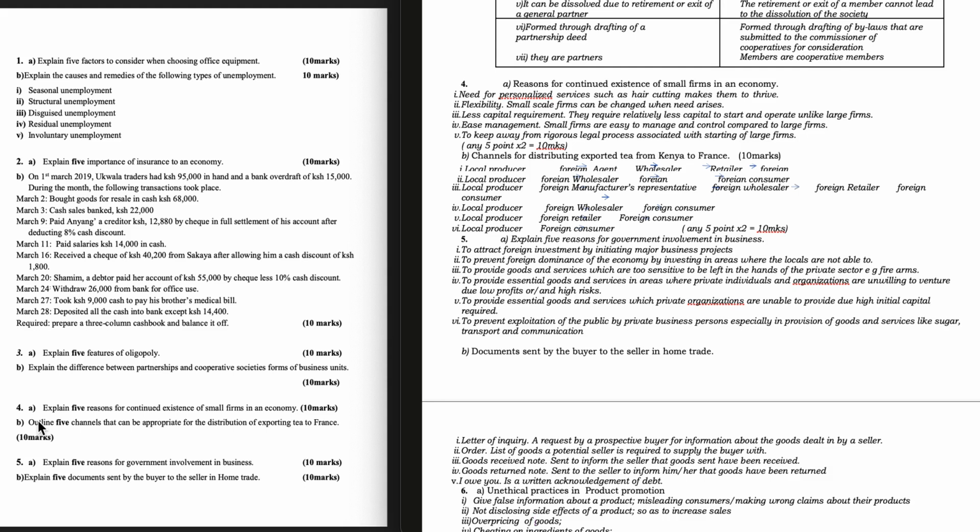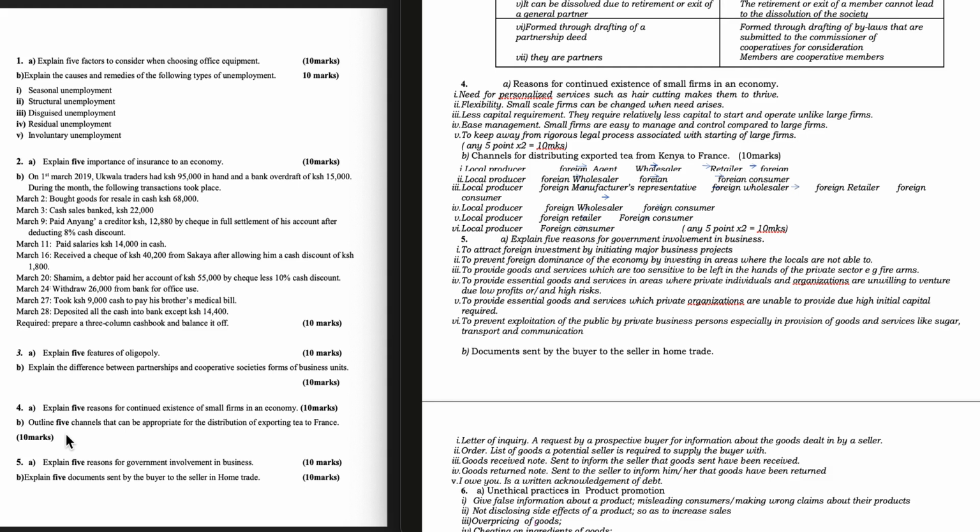Question 4b. Outline 5 channels that can be appropriate for the distribution of exporting tea to France. The channels are local producer to foreign agent, wholesaler, retailer to foreign consumer.